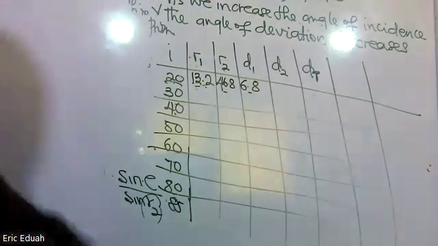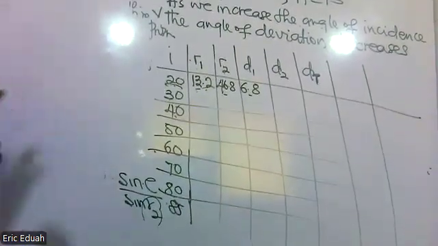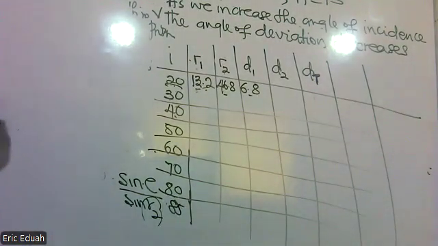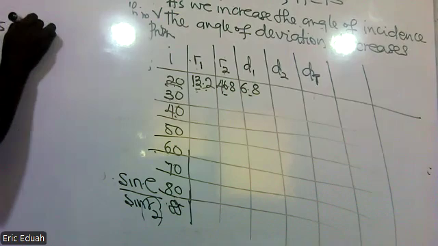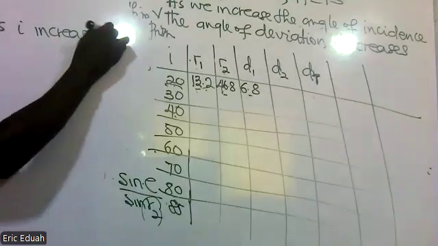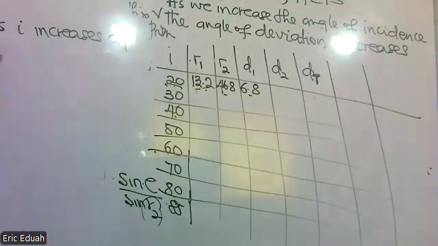So as we increase the angle of incidence, the total deviation within the prism also decreases. So as I increases, D total decreases.